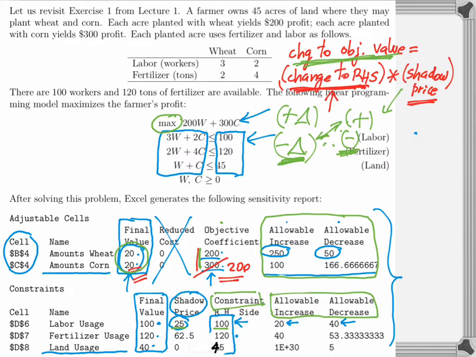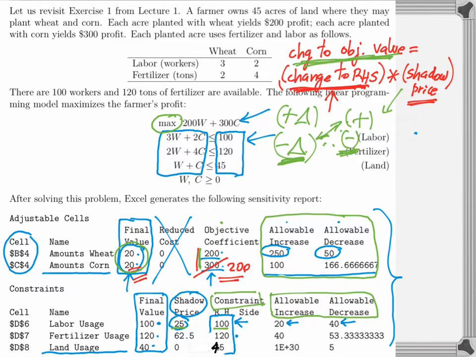The solution will have to change because the 2020 solution needs 100 workers. Okay, so don't fall into that trap. Great. So we looked at shadow prices here, and we understand they can be used only when the change you are proposing to the right-hand side number is within the allowables.